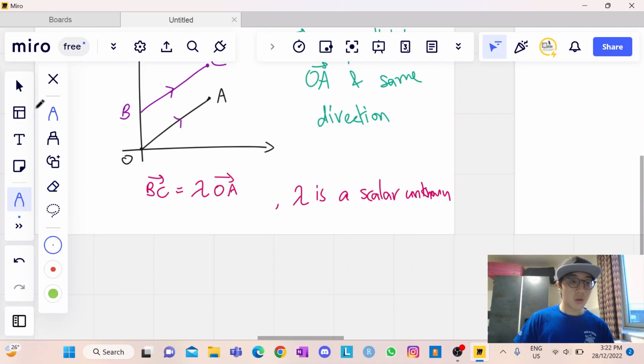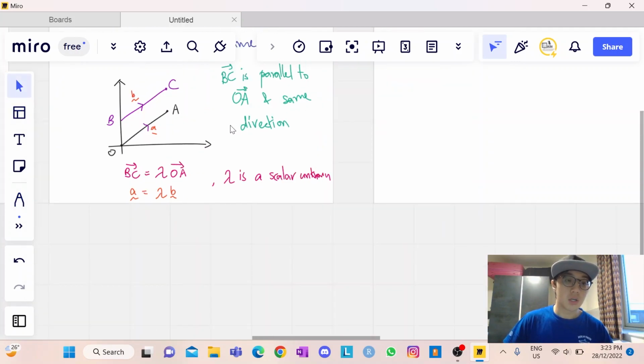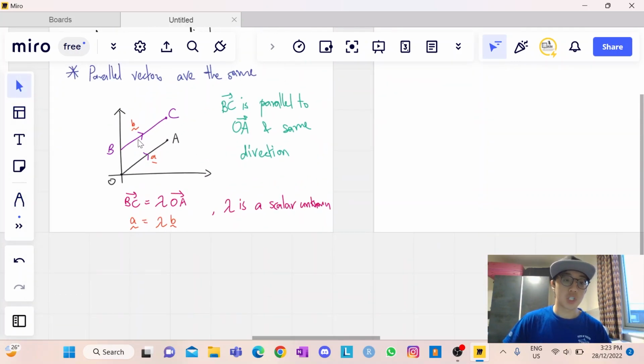Or we can write it as A equals lambda B, and we denote OA equals A and BC equals B. So this is how you can denote a vector, and this is the relationship between parallel vectors: they are scalar multiples of each other.